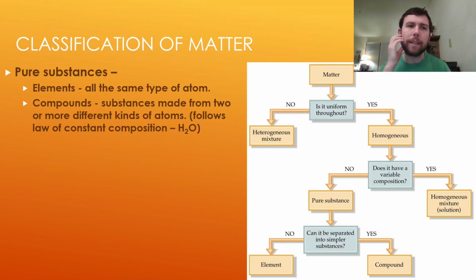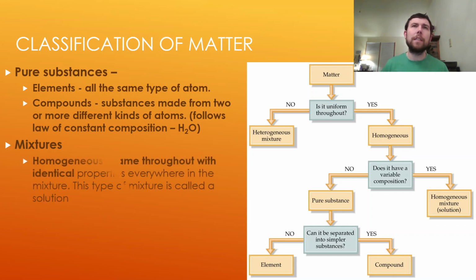It's important to recognize that within pure substances, we could classify elements and compounds as homogeneous. They have all the same type of atoms, so they look the same and are uniform throughout. The other classification is mixtures. Remember, mixtures are physical combinations of two or more pure substances, and they can be broken down into different categories as well.